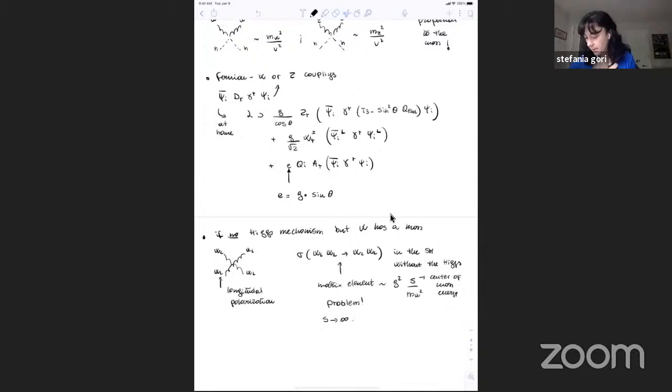So as we say, we have problems with perturbative unitarity. Meaning that if we go to arbitrarily high energies, so in the UV, your theories start to be in trouble with unitarity.